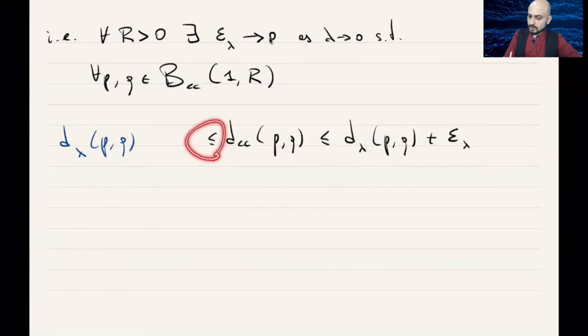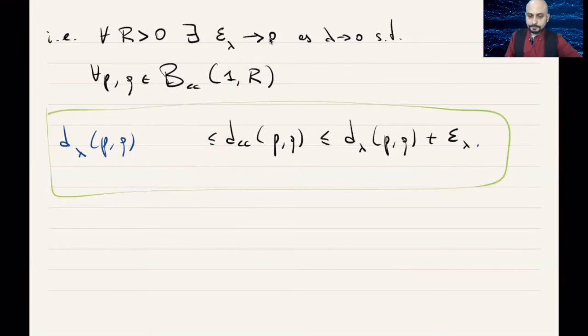You will see that this inequality is actually very easy. So we shall prove this inequality. Let's start with the first inequality, which is easy.